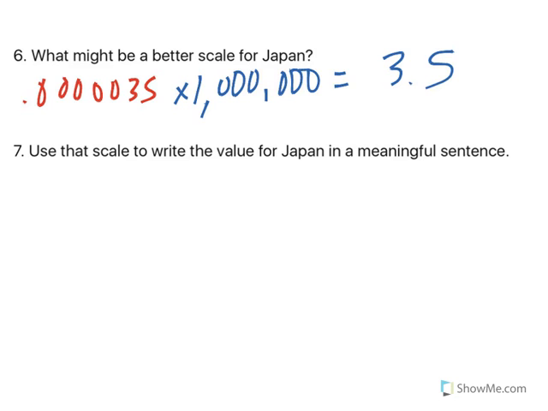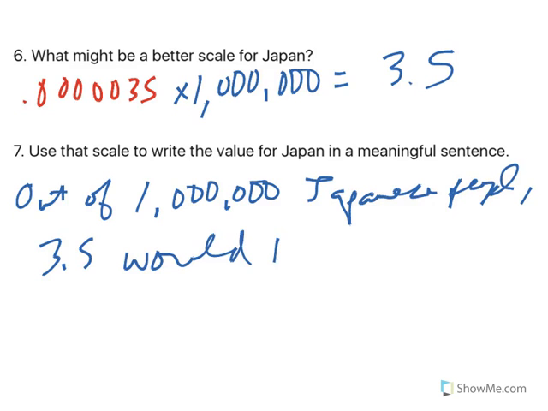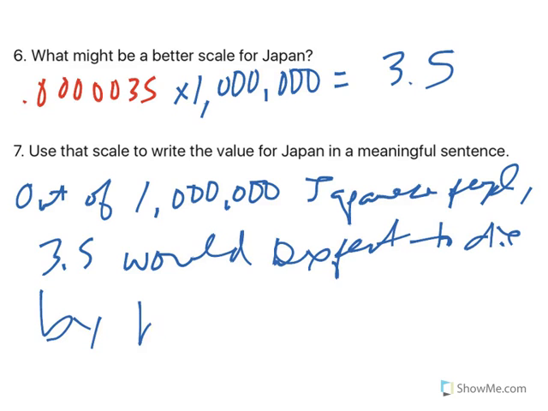So I could say, out of 1 million Japanese people, 3.5 would be expected to die by homicide.